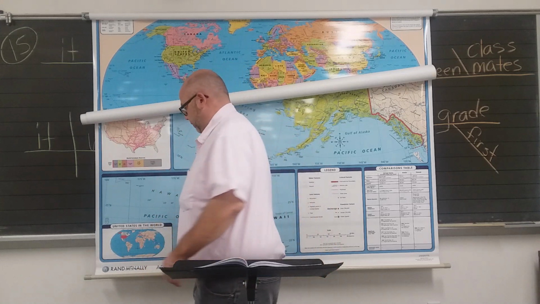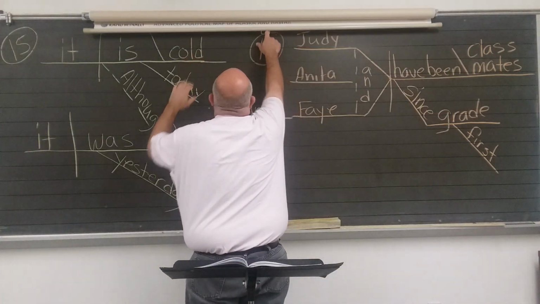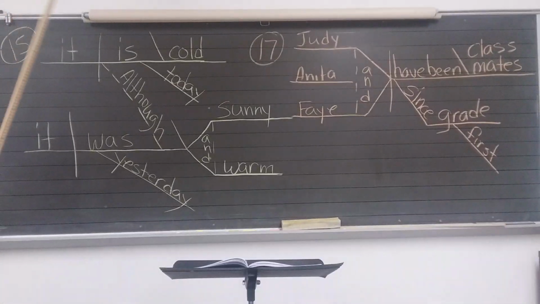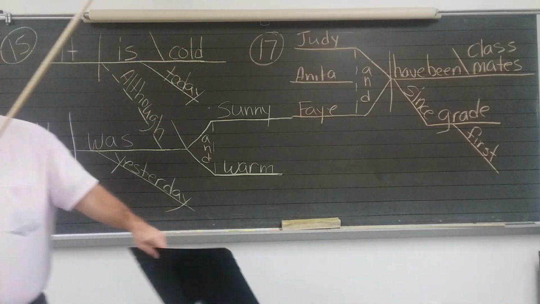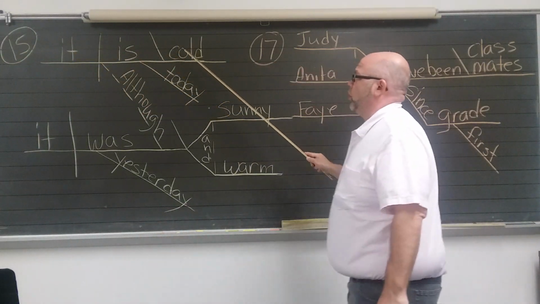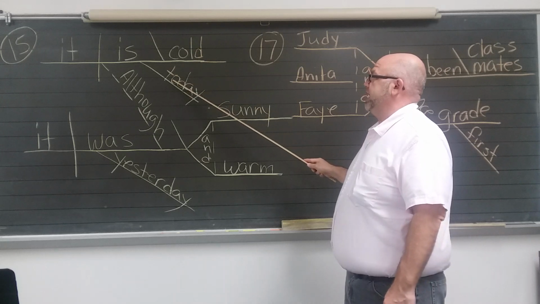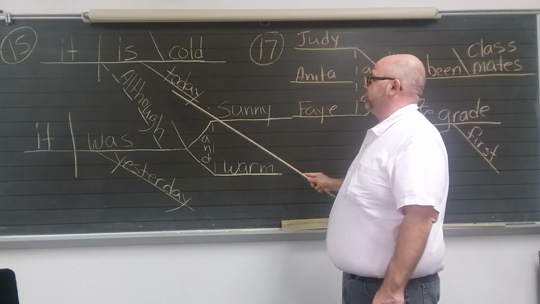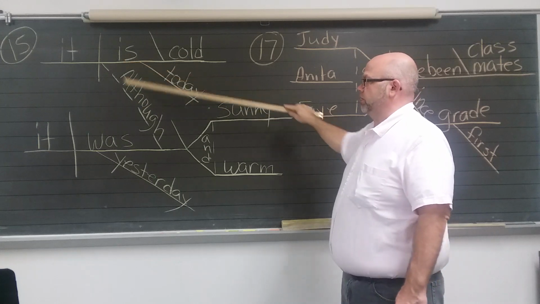All right, here are those diagrams, and we will also talk about the one that was given for you. Make sure you know what's going on. 15: the main idea goes on the top. See everything? It is cold. Okay? Predicate adjective. Today, adverb. It is cold today. Subordinating conjunction, connecting from verb to verb.